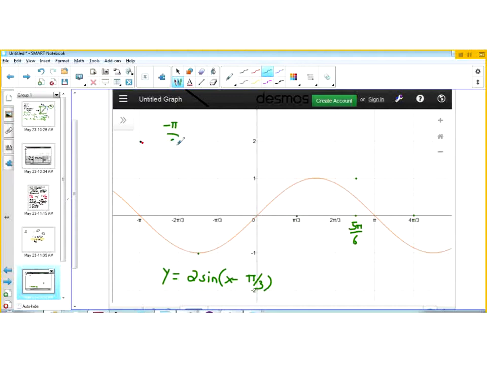The output at negative pi halves is -1. And then we shift it to the right π/3. That's equal to -3/6 plus 2/6, that's negative pi over 6. So this output right here gets shifted to negative pi over 6, which is halfway between here. So at this value, we would have an output of negative 1. So that point gets shifted there.